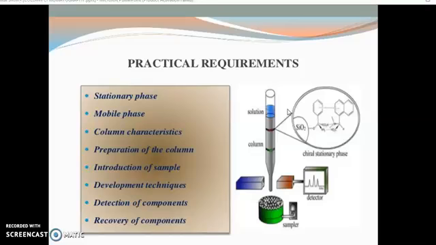After the selection of the column, you look at the introduction of your sample, how you pour the sample into the column, and the development of the technique. After development, we need detection of the components, and the required recovery amount you have to elute.